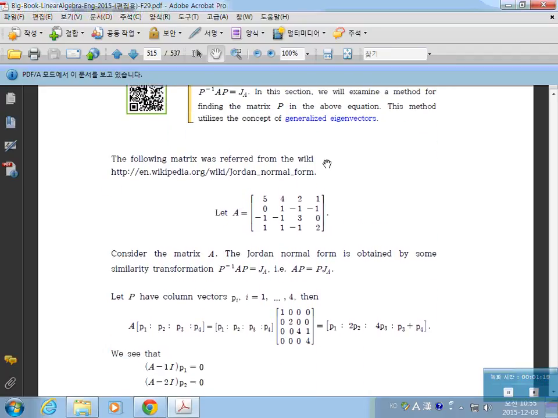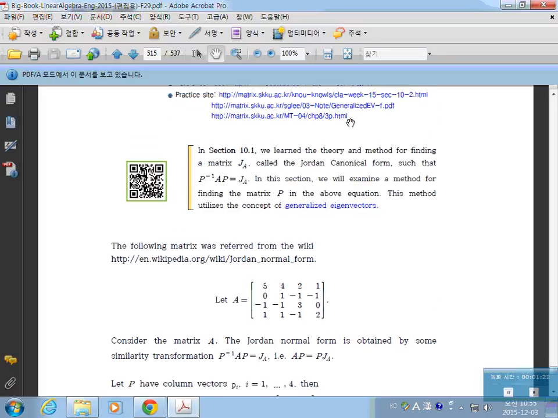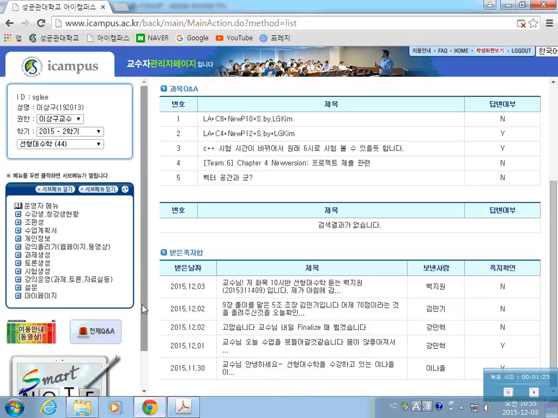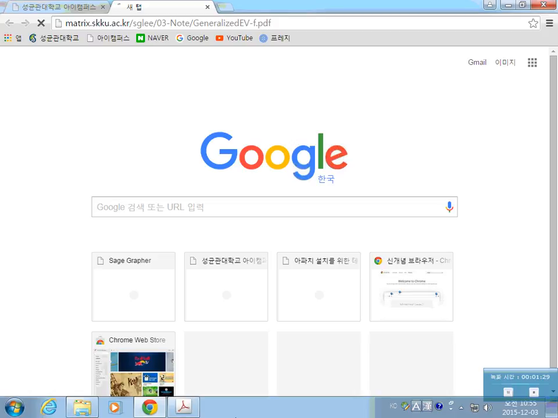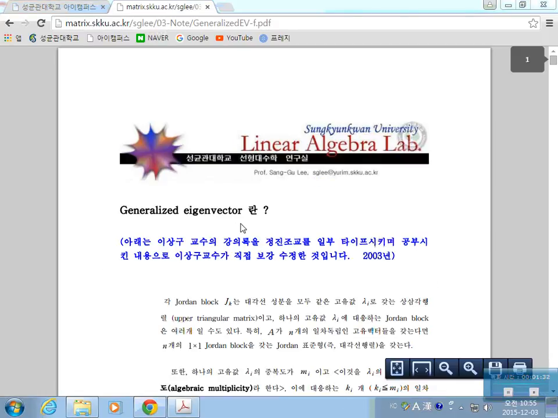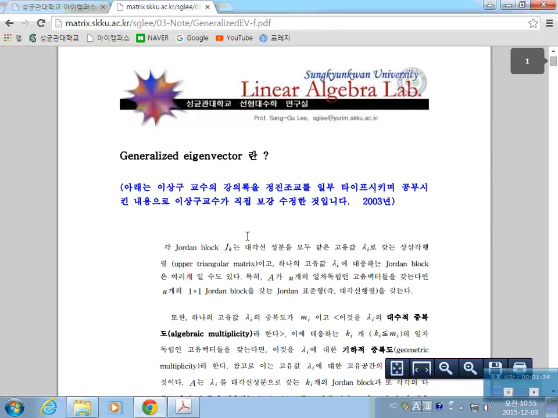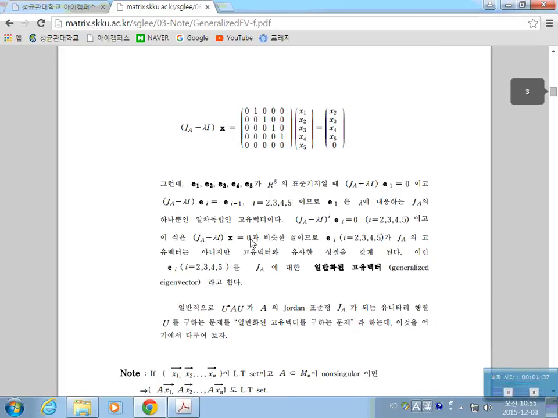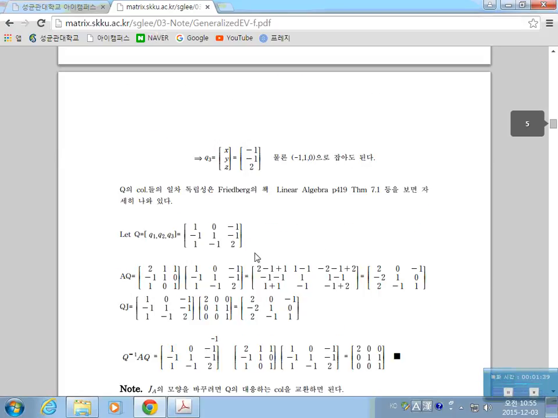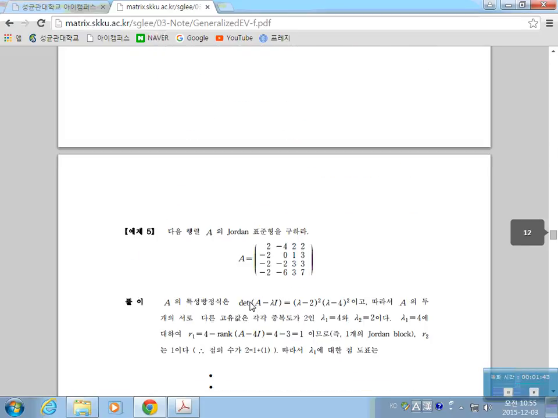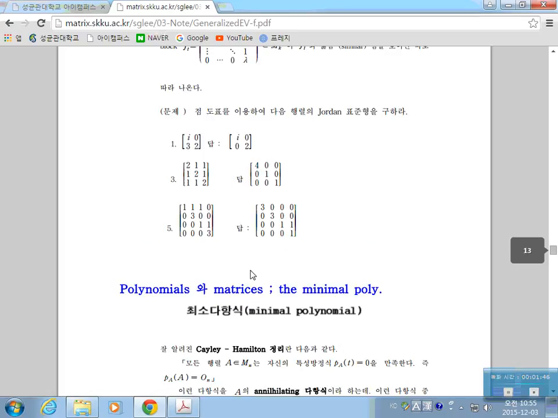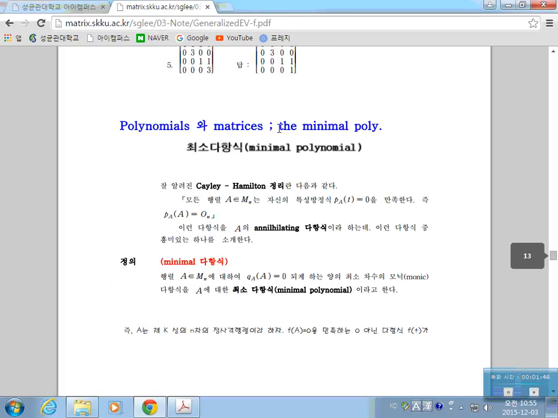This can be found at this web address. Actually, I have full detail on the generalized eigenvectors here, so you can download it and go through about 8-9 pages of the lectures, and it also has more information on matrix polynomials and minimal polynomials.